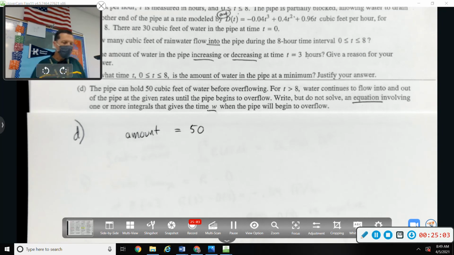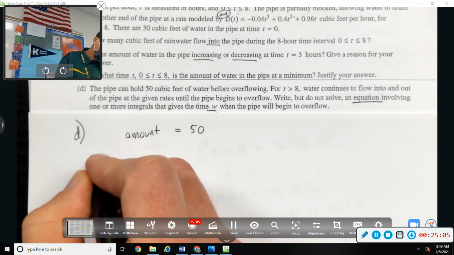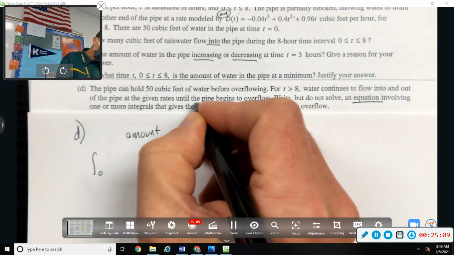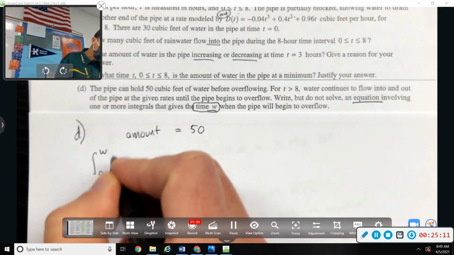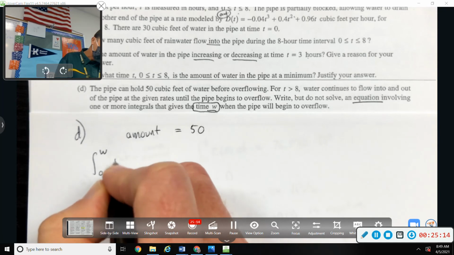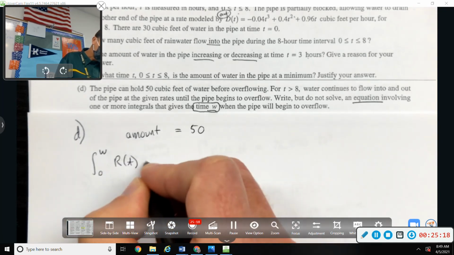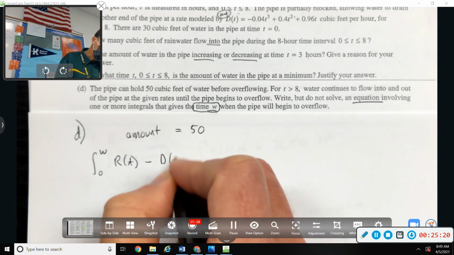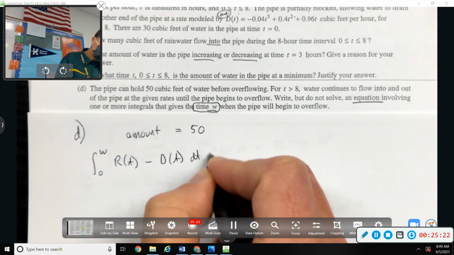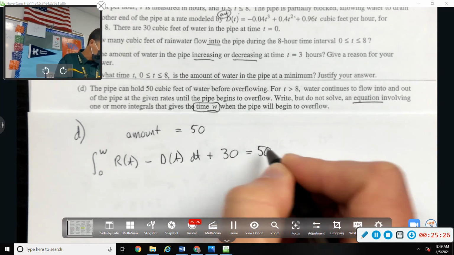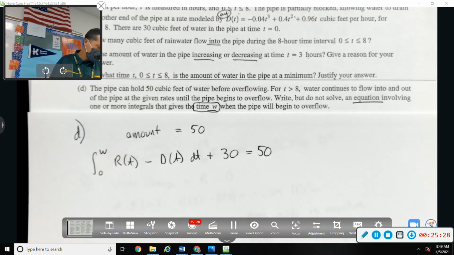So the amount was from 0 to, it wants time W, so I guess we'll go 0 to W of rate R minus D plus 30 equals 50. And that's all question D is.